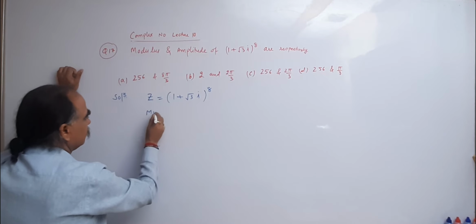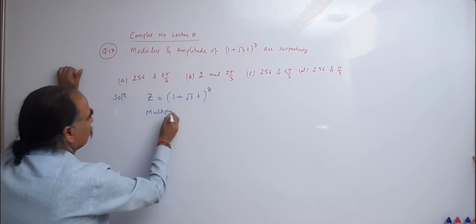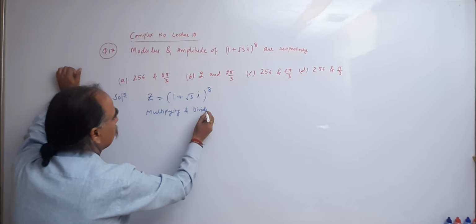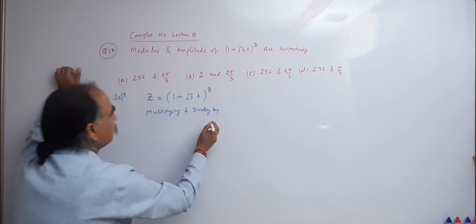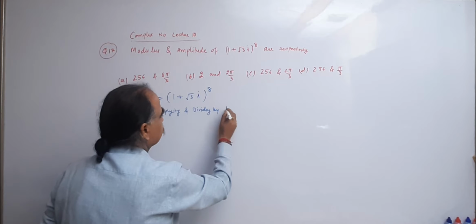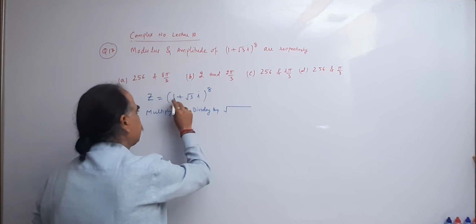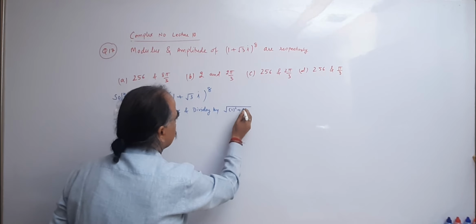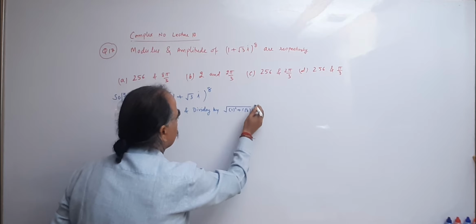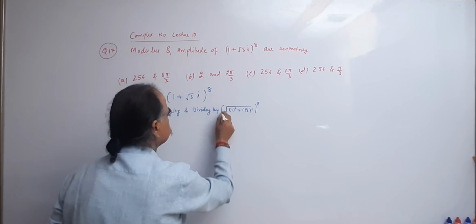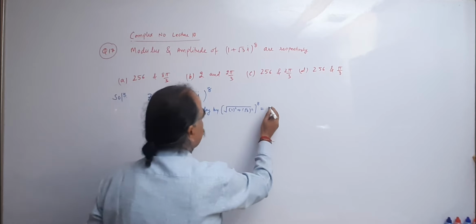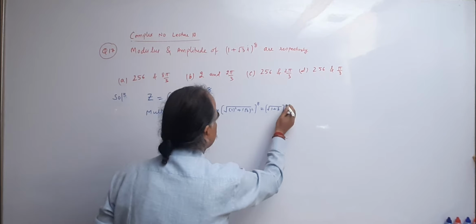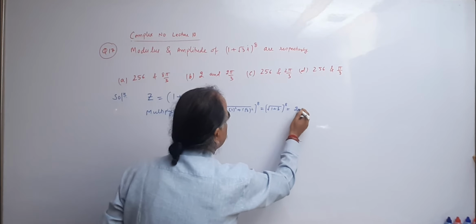Multiplying and dividing by the square root of 1 squared plus root 3 squared, raised to 8, which is root of 1 plus 3 raised to 8, that is 2 raised to 8.